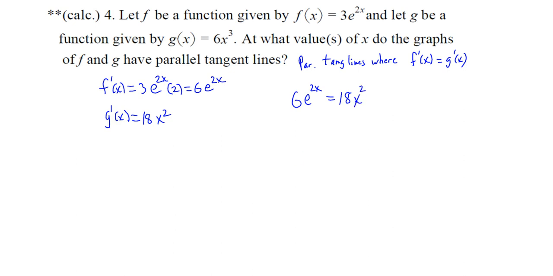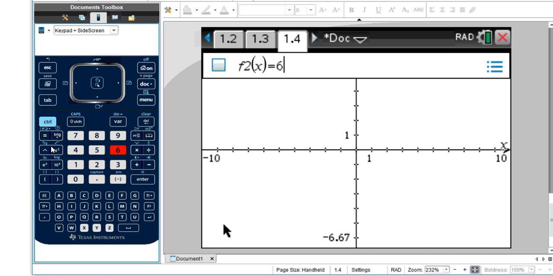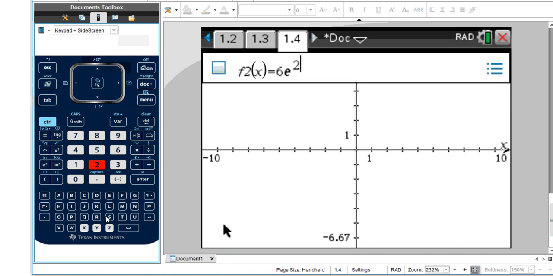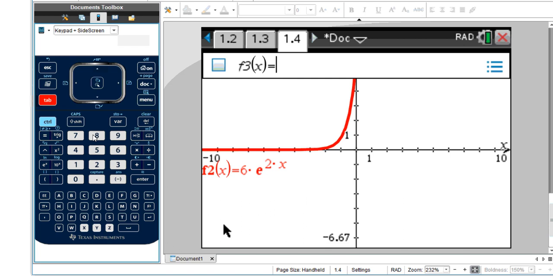So we can graph these in our calculator, and this is a calculator problem. We're going to put 6e to the power of 2x, and we graph that, and we enter another equation, which is going to be f of x equals 18x squared.